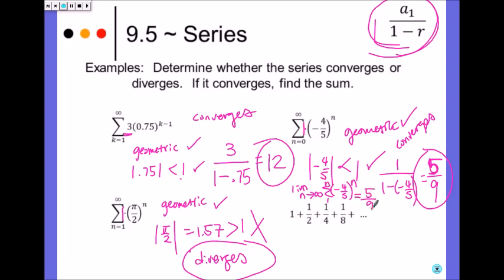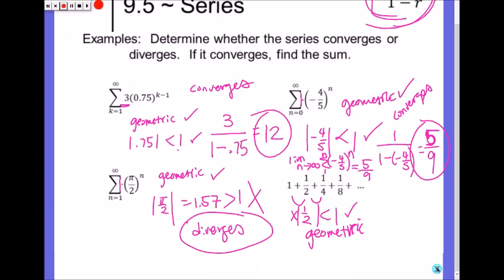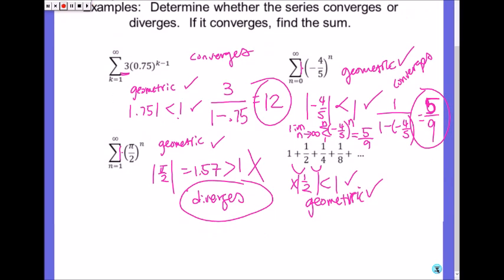What about the last one? What are you doing each time? You multiply by 1/2. So that is less than 1, and it is geometric. So it will converge to, what do you do? You put the first term, 1, over 1 minus the ratio, which is 1 over 1/2, which equals 2.